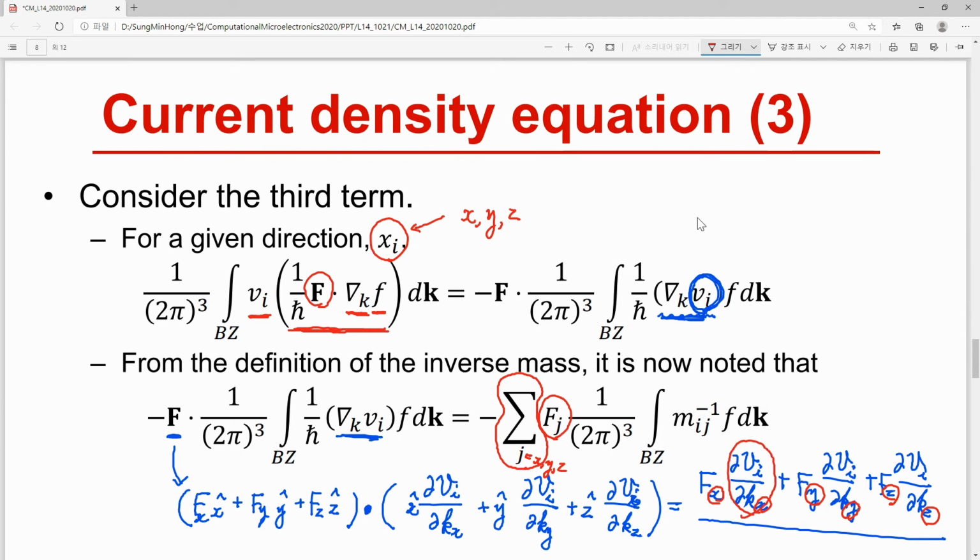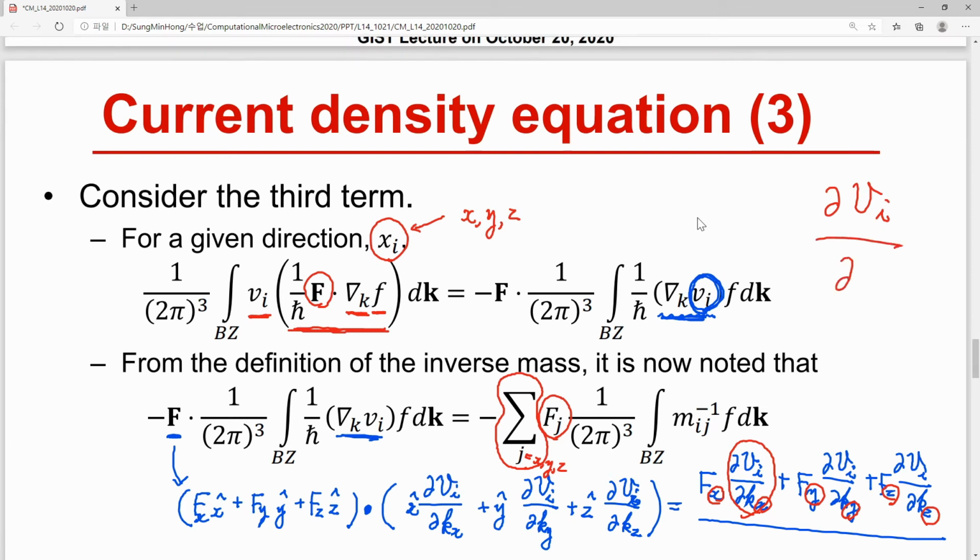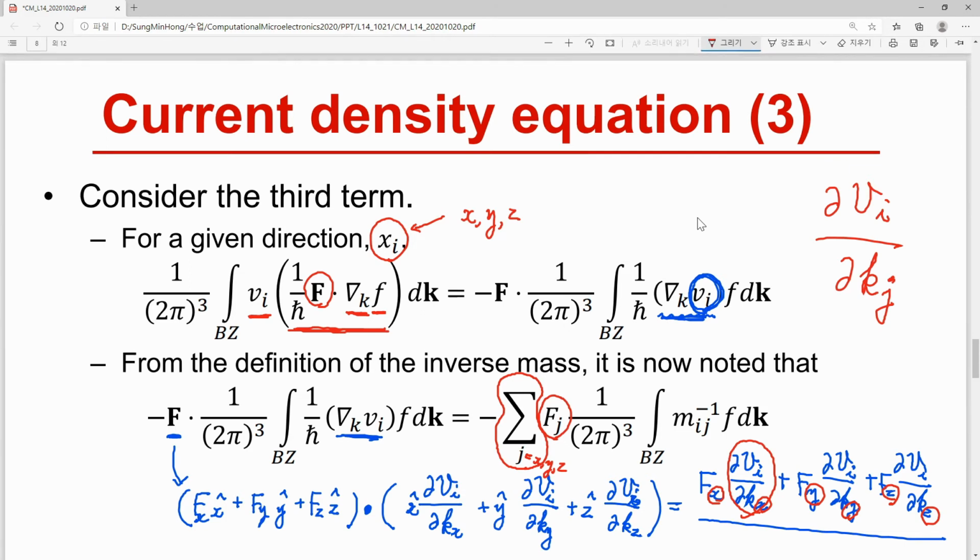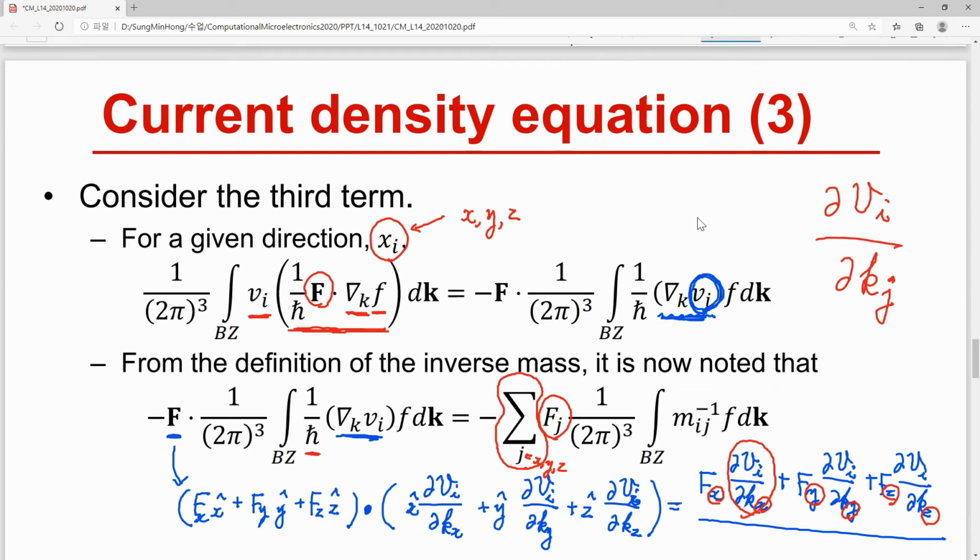Also, you can see this quantity, ∂v_i over ∂k_j, which, together with this 1 over ħ, is just represented as the inverse mass. Let me write down its definition more clearly.